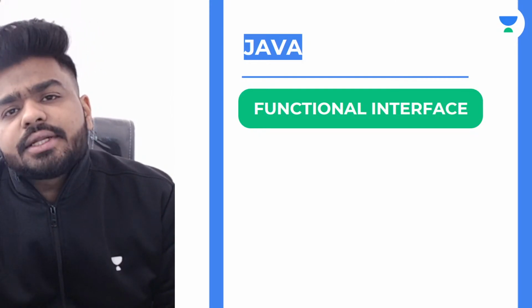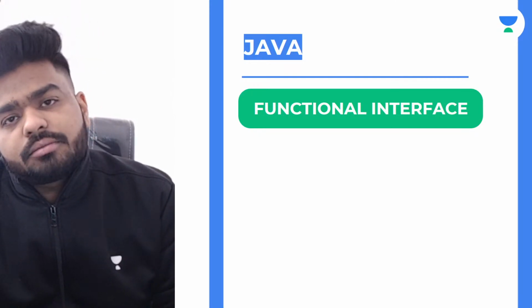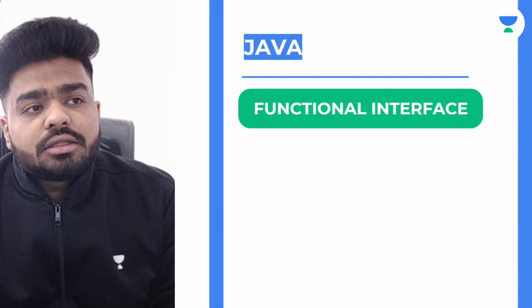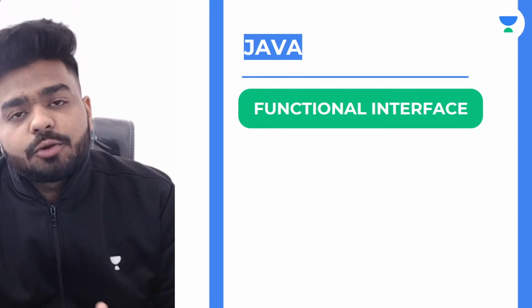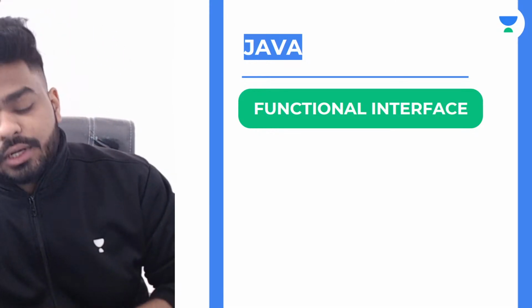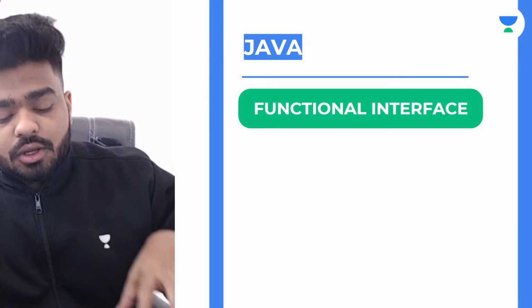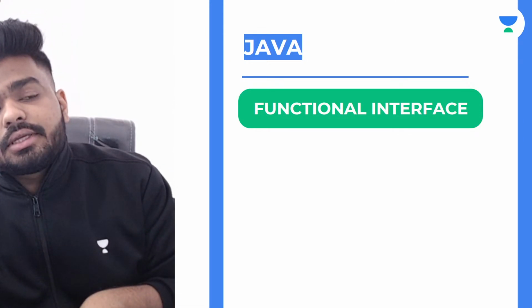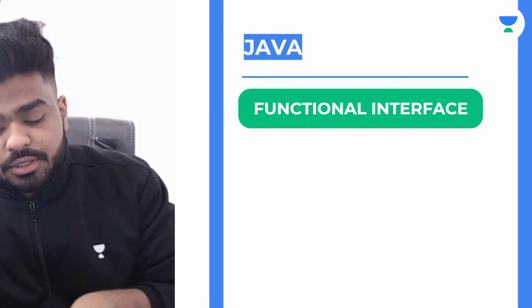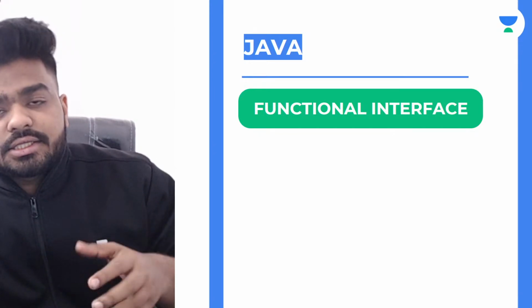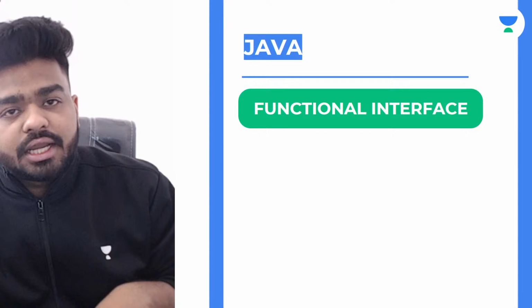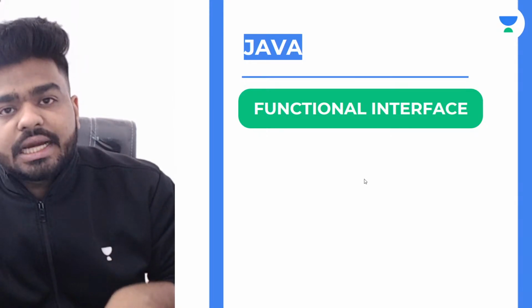Later on in Java 8, they said that static and default methods can be there as concrete methods, but public methods cannot be. So right now we know that for an interface, the public methods can only be declared, not defined. Other than that, static and default methods can be there in our interface as well. That we know, right?